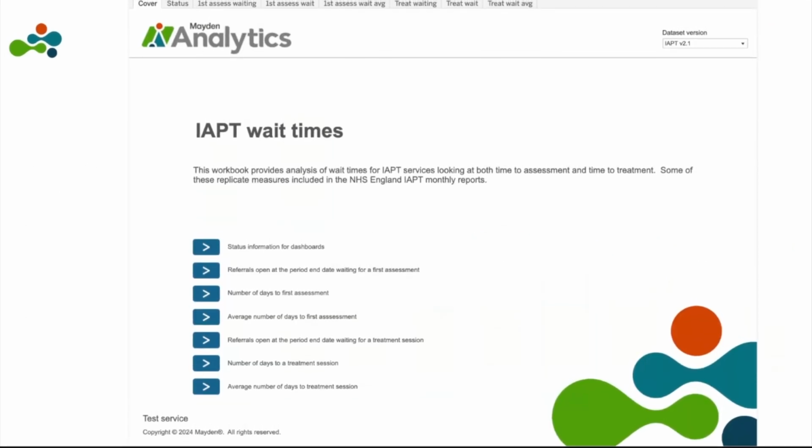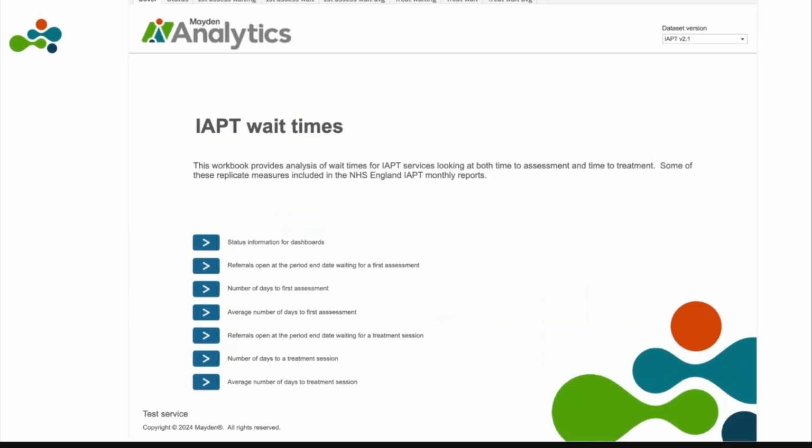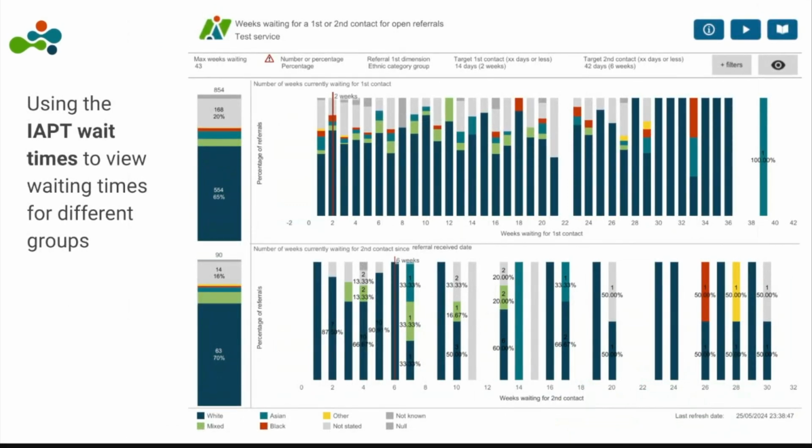Then we have the IAPT wait times workbook, which displays information about how long people have waited for their first contact and also for their second contact. Quite straightforward, really.